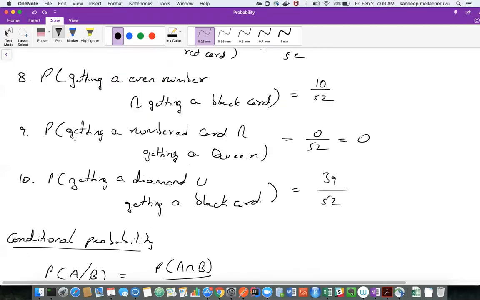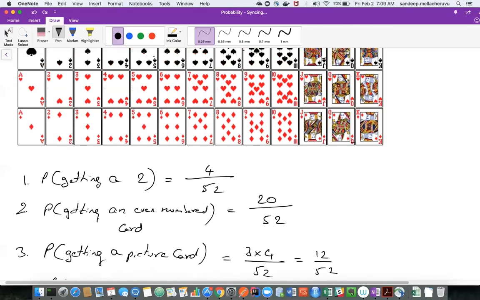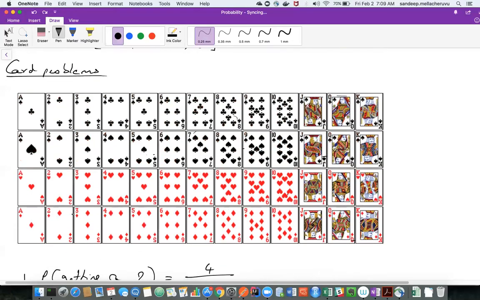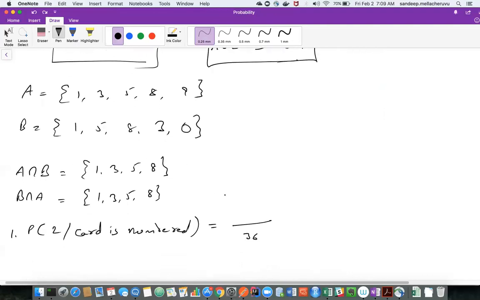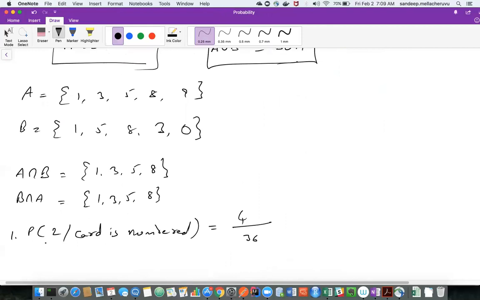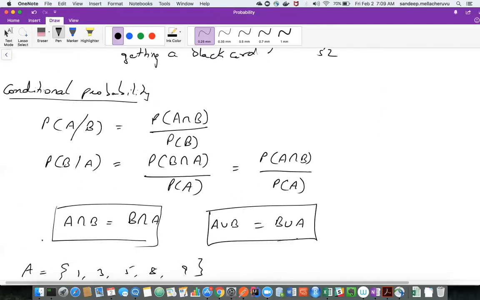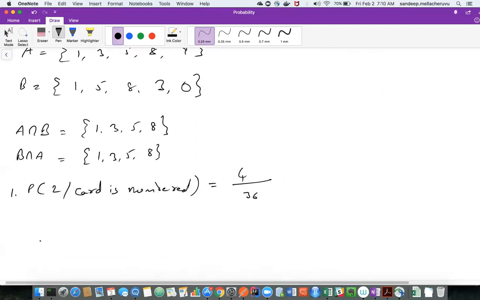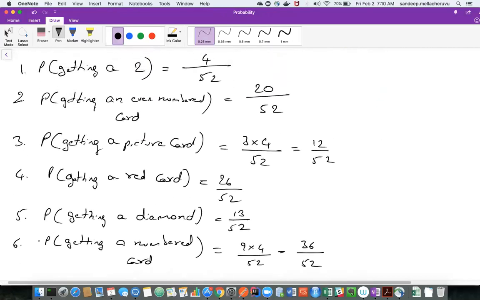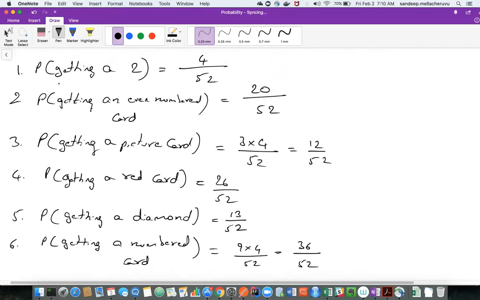How many such cards are there? 4. So instead of what was my answer earlier, 4 by 52, initially, when I don't have a condition, when my question is about getting a 2, it is 4 by 52.